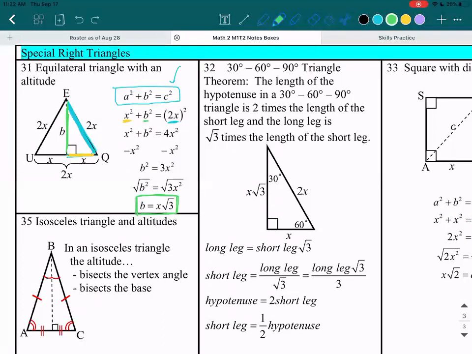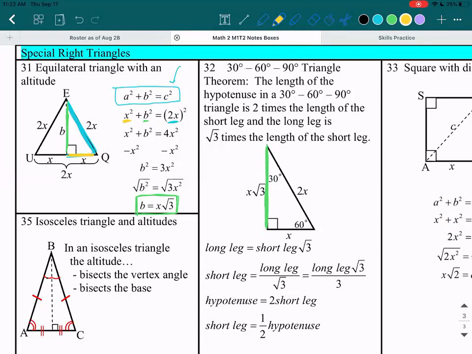So let me just recap by saying that the triangle on the left that I was coloring is literally the same triangle as this one over here. So this green line that I just drew is the same as the green line I drew over there. That's the b, which we said was x radical 3.